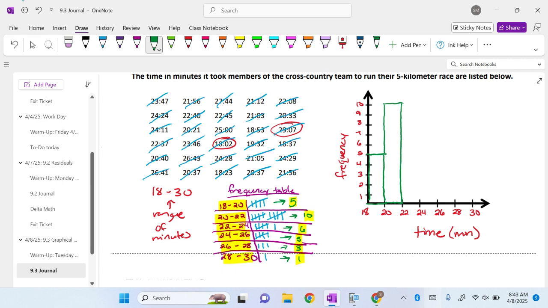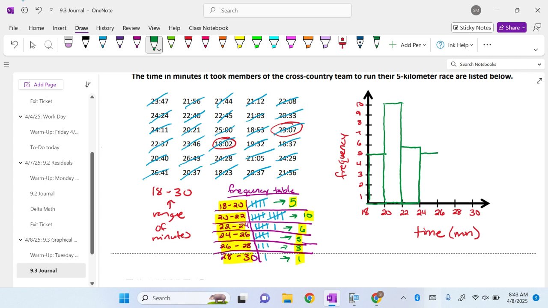What about between 22 and 24? How many? 6. So I'm going to come to 6, go all the way down. So that's between 22 and 24. What about 24 to 26? 5.